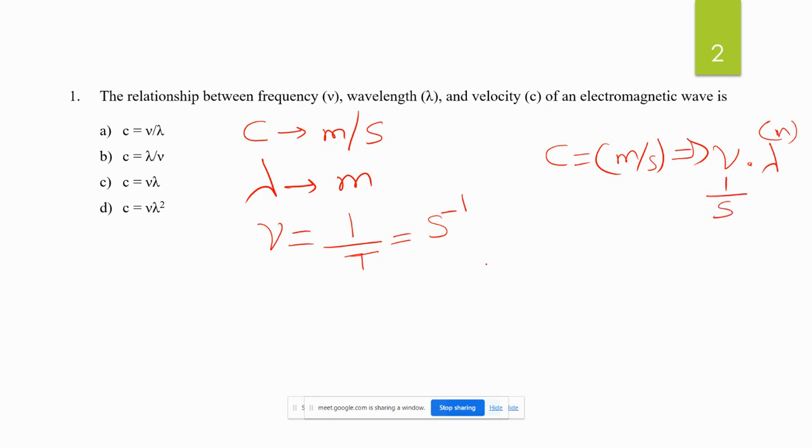So by unit checking you will be able to understand that the answer to this question is C. So the answer is C.